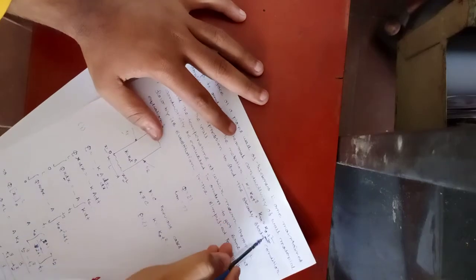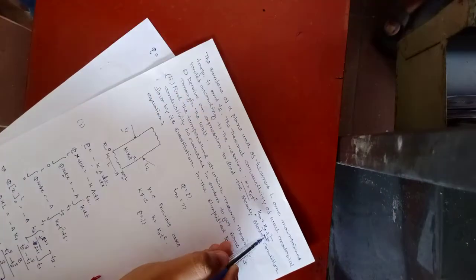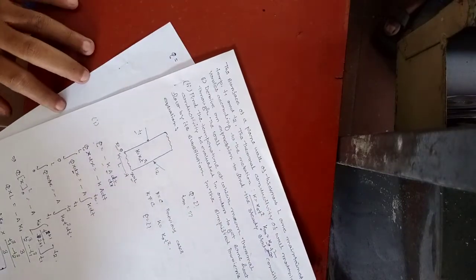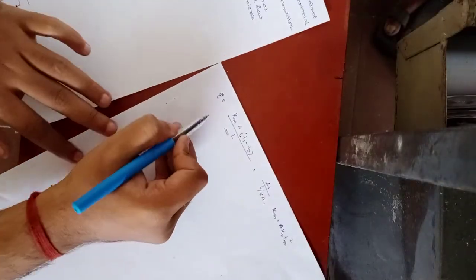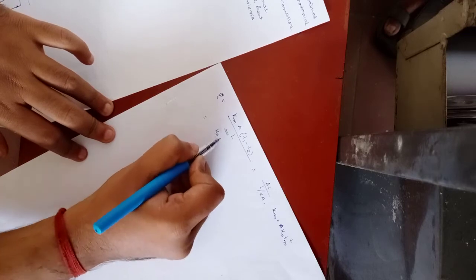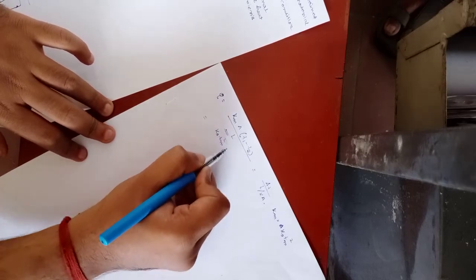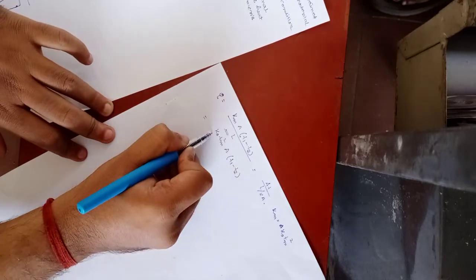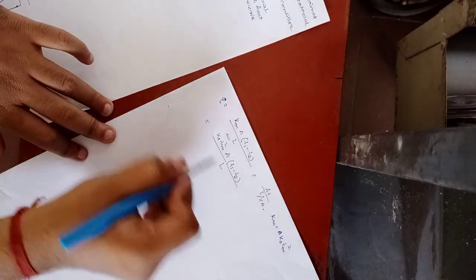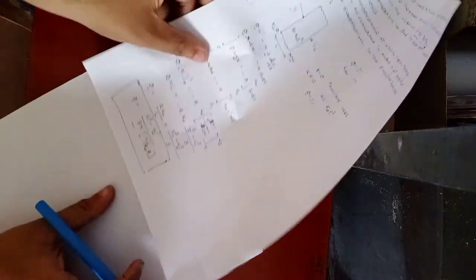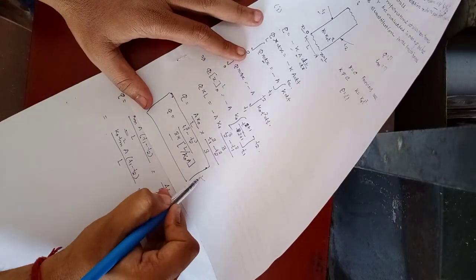So Km is equal to K0 into Tm square, and we have to find out the equation for this Tm. Now let us come back to this equation. We can write Q is equal to K0 Tm square A into T1 minus T2 by L, and this is the same as the previous equation.